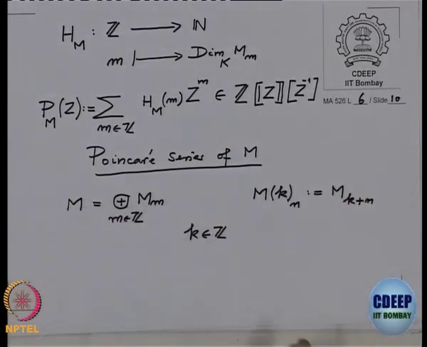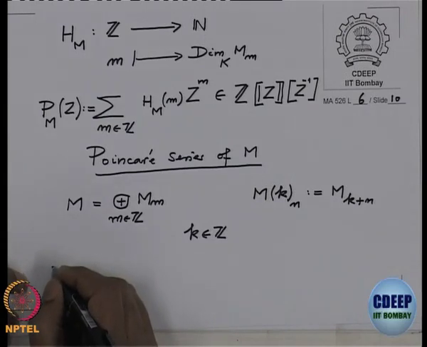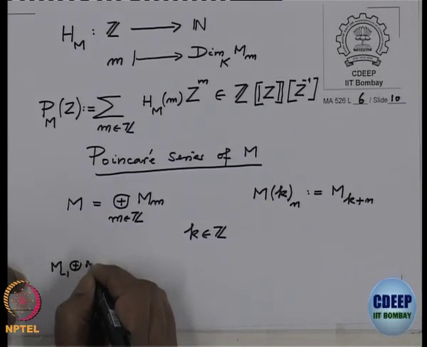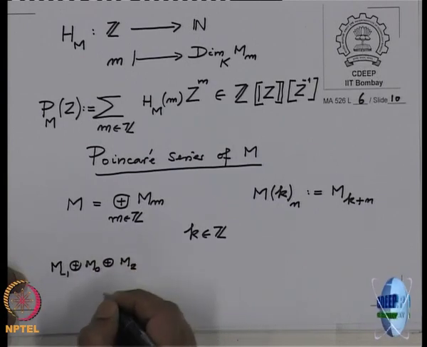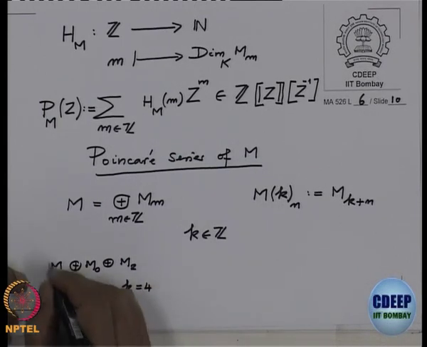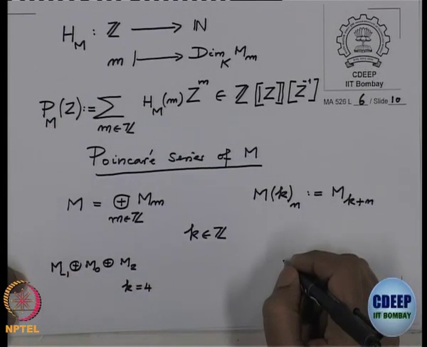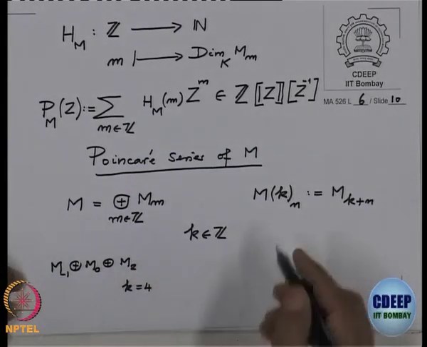So I have only shifted it. If this module was like this, M_{-1} direct sum M_0 direct sum M_2, and if I have k equal to 4, then the new components will be shifted to this side.